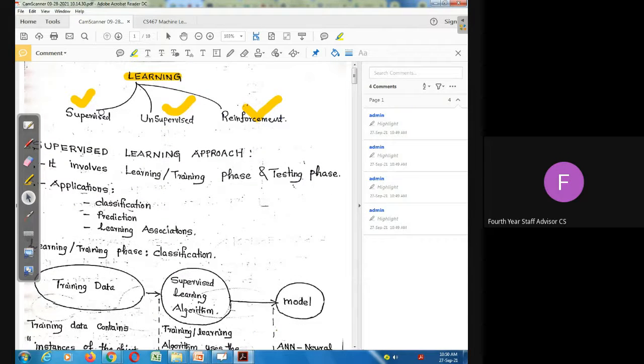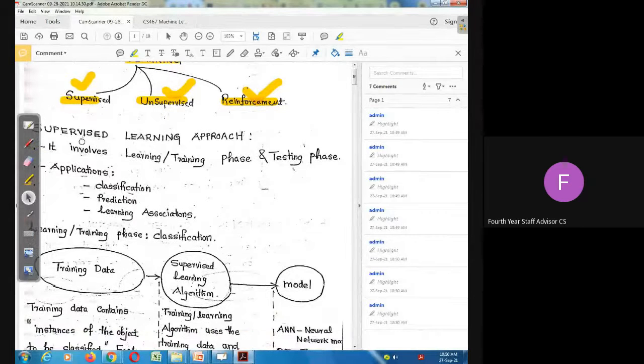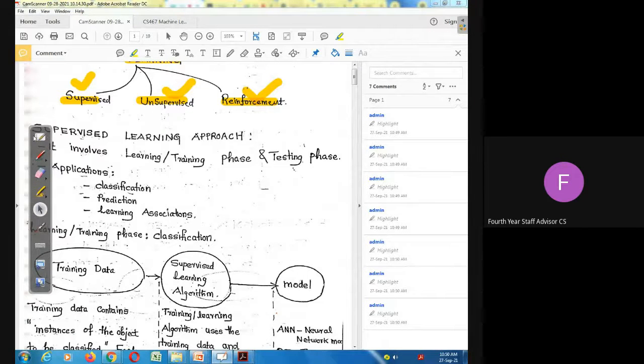That type of learning is called supervised learning. Another is unsupervised learning, where there is no training. Then another is reinforcement learning; we will discuss this topic later. So directly we are going to discuss supervised learning now.